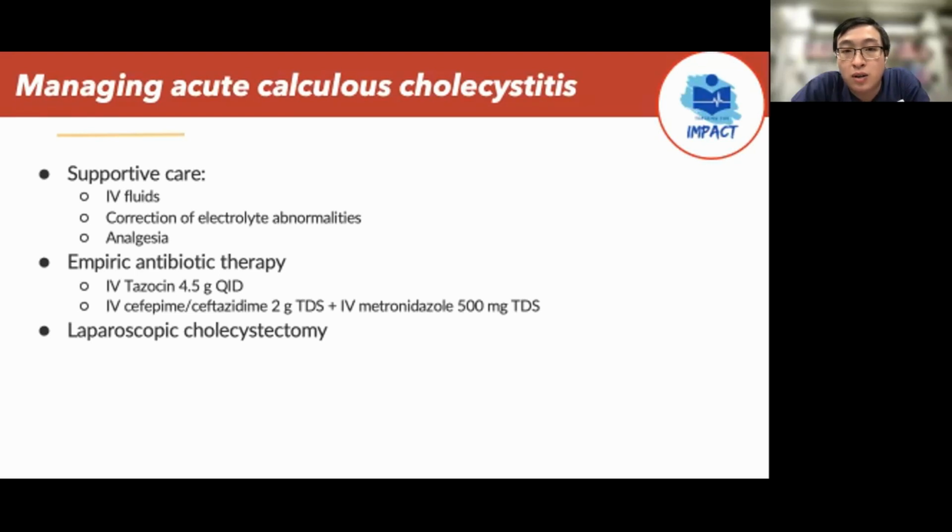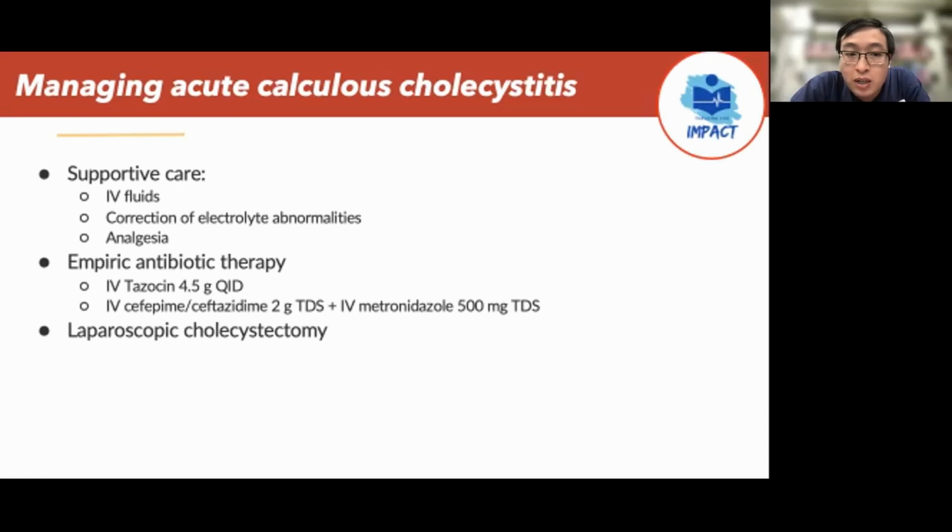Sometimes, you can use IV cefoxitin. Our patient was switched to IV clindamycin, which is just as effective, and IV metronidazole because she was thought to be allergic to penicillins and cephalosporins. But IV antibiotics for all patients with acute calculous cholecystitis. And once started, antibiotics should be continued until either the gallbladder is removed or the cholecystitis has resolved clinically.